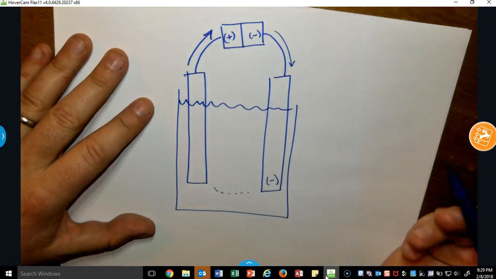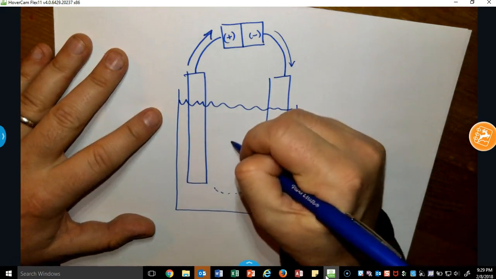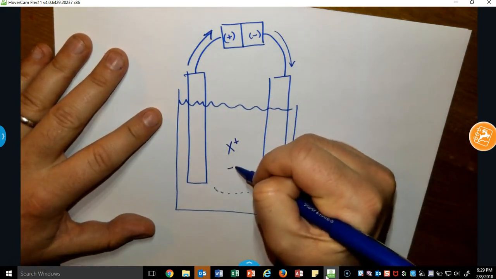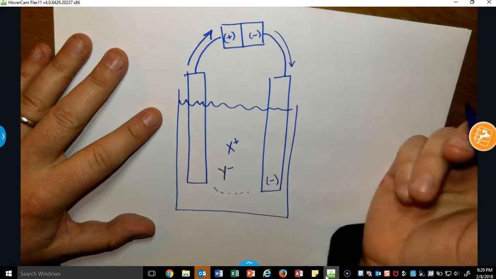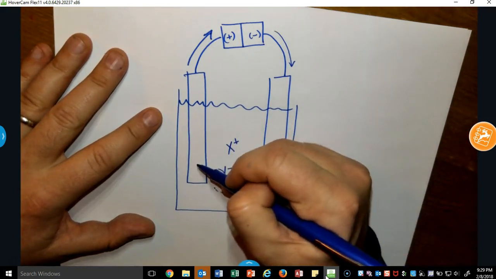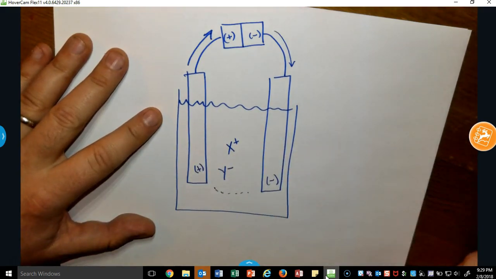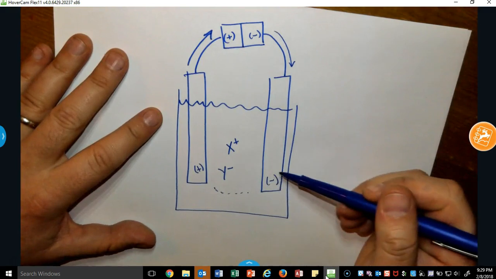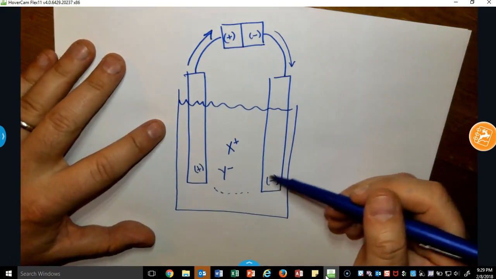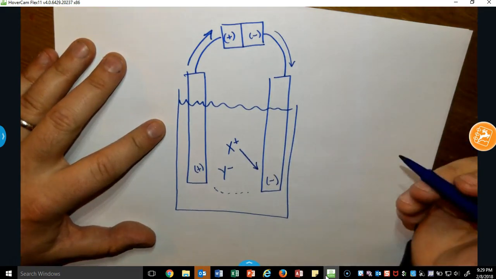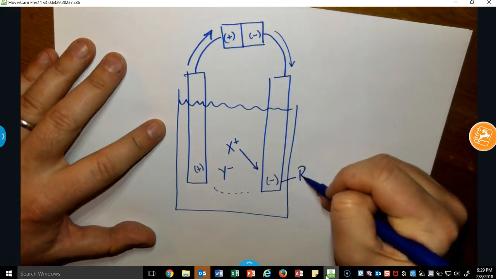Okay, so let's assume we have some positive ions and some negative ions in here. So we'll call that X plus and Y negative. Oh, and that will give a positive charge to that electrode. All right, so what's going to occur, because we put a negative charge on this electrode, the positive ions will migrate over to it and become reduced.